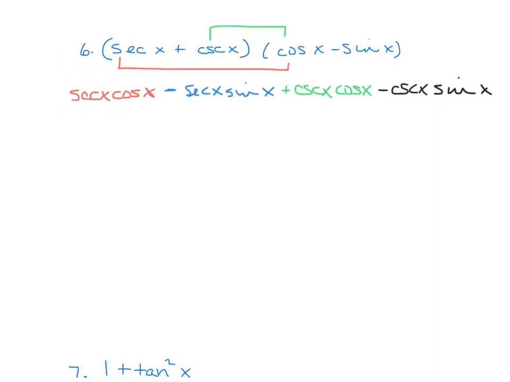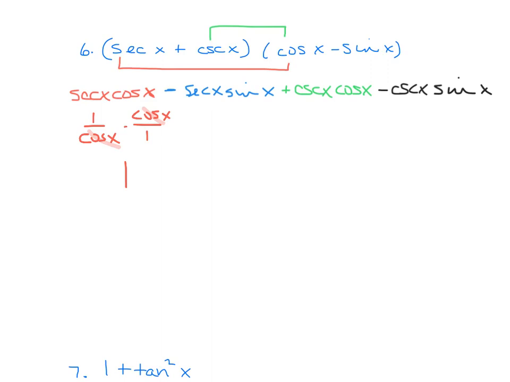Now I'm going to show how I'm going to get 1s out of some of these. I'm going to change the reciprocals. So I'm going to change secant into 1 over cosine. And I'm still multiplying it by cosine x. So notice here when I multiply this, this is going to become a 1.